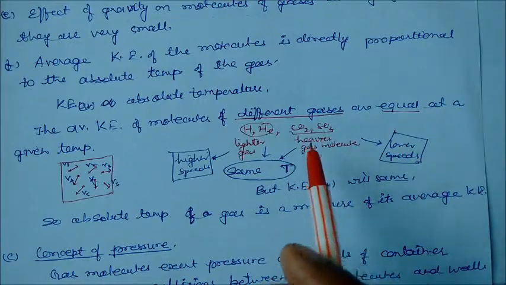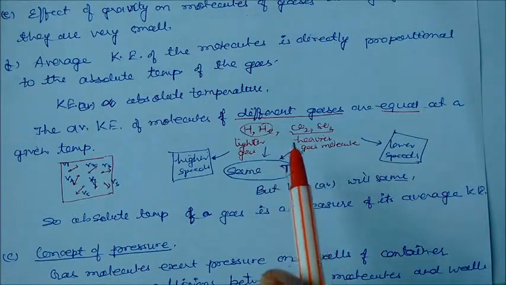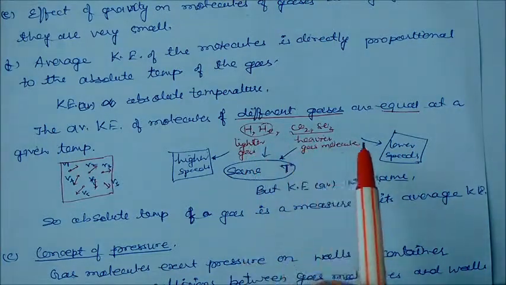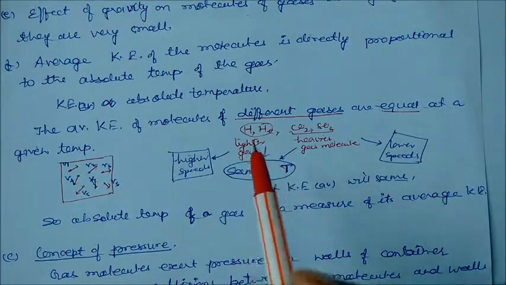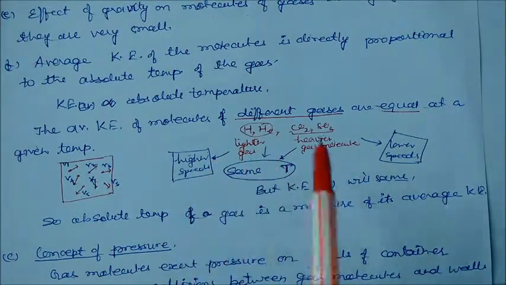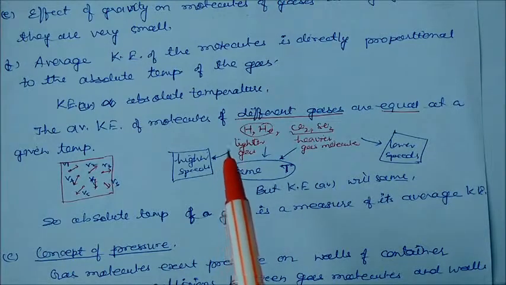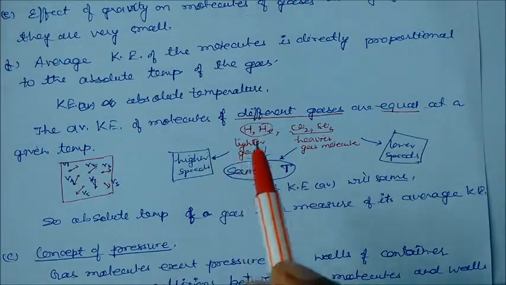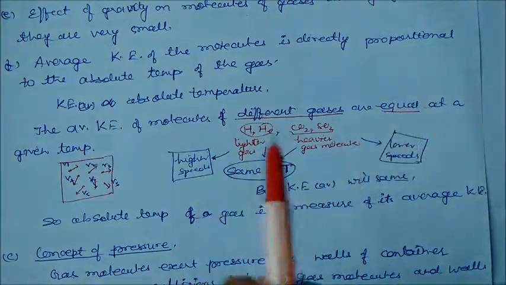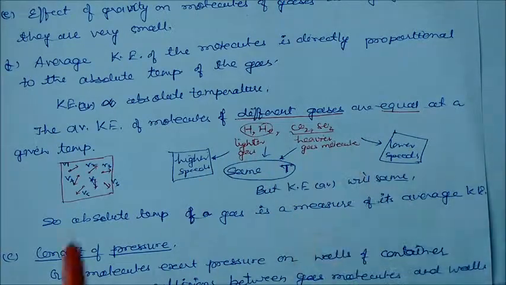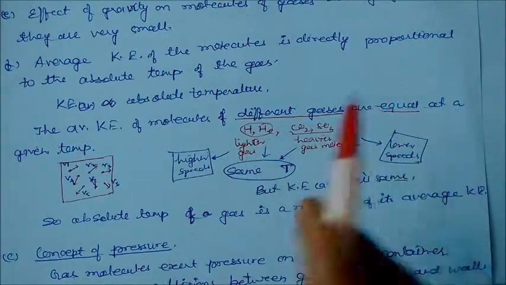So if you take different types of gas molecules, some have a higher speed and some have a lower speed. If you take the same type of molecules, the individual molecules may have different energies, but the average energy inside the container will always be the same. They can transfer energy to each other.